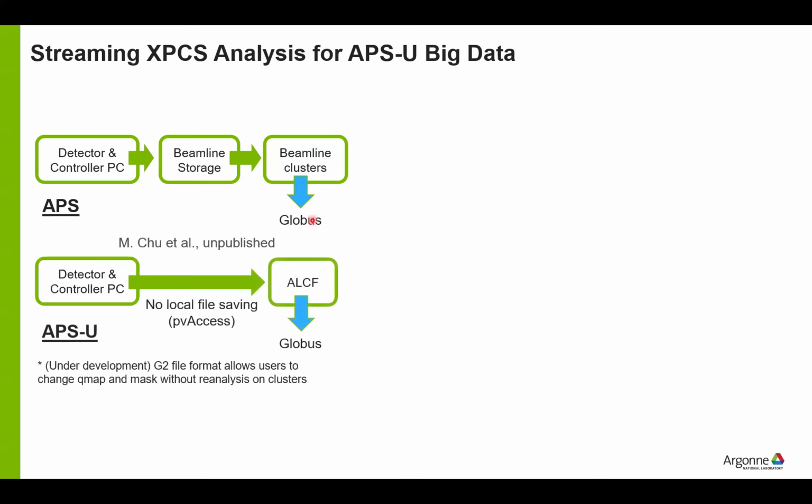In the new scheme, this will be replaced at APS-U with the detector streaming data directly to large computing resources at the advanced computing facility on site at Argonne.